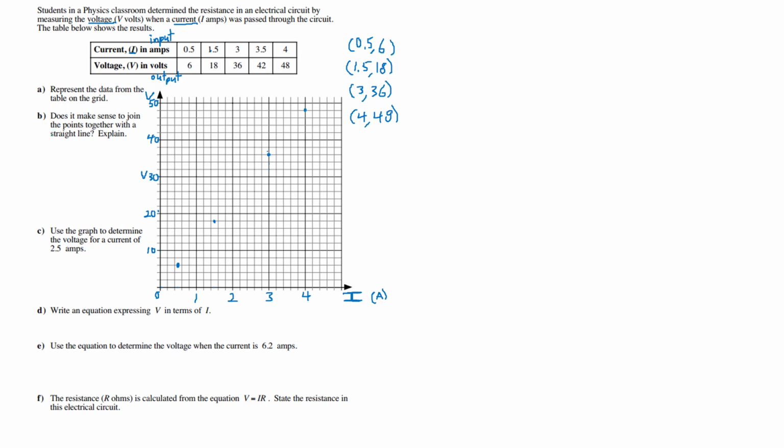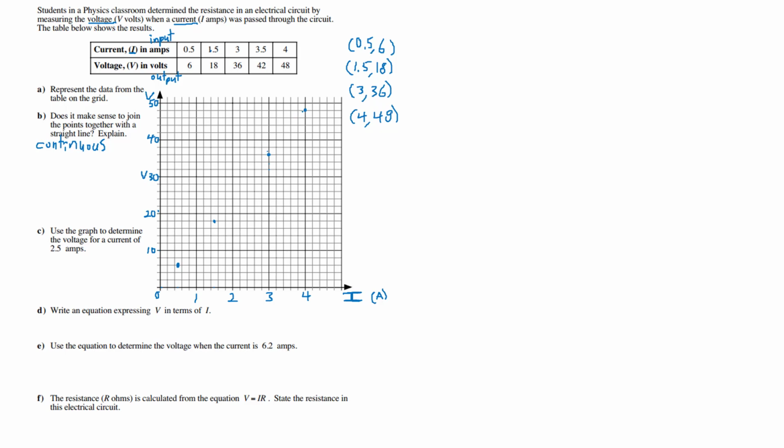Does it make sense to join the points together with a straight line? Short answer, yes. We are dealing with a continuous variable in this case. What that means is, can I have a current in between 0.5 amps and 1.5 amps? Of course I can. If you ever played with the multimeter and measured current and voltage, you can get any kind of decimal you want.